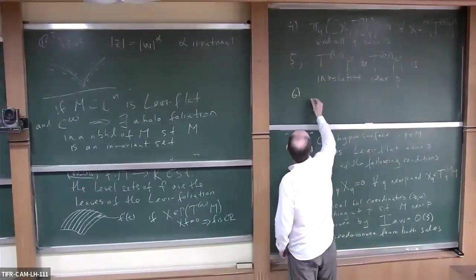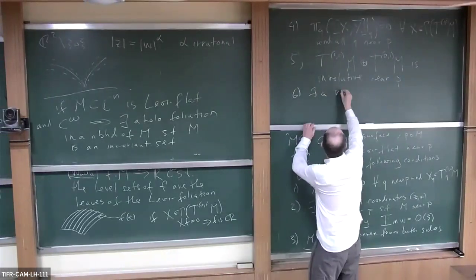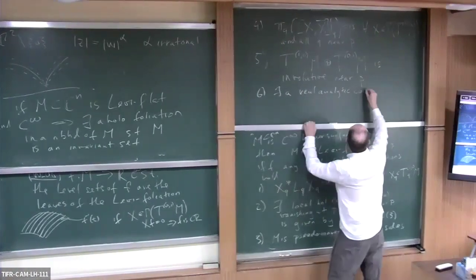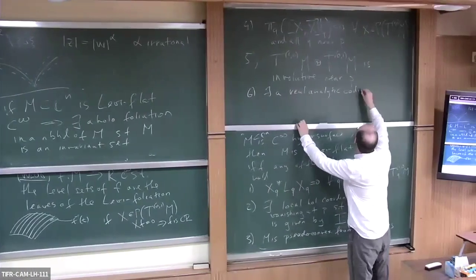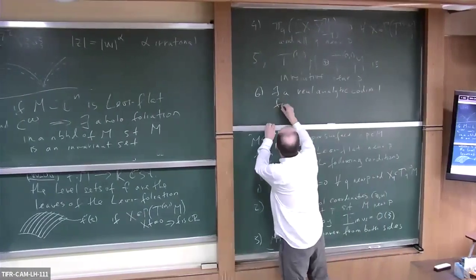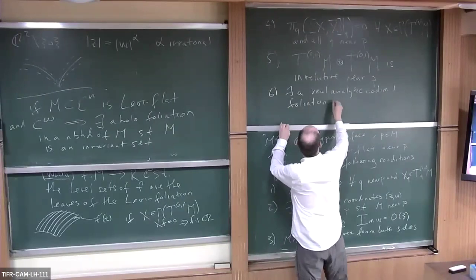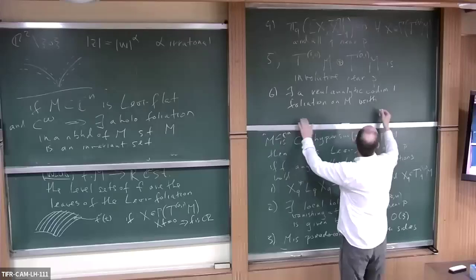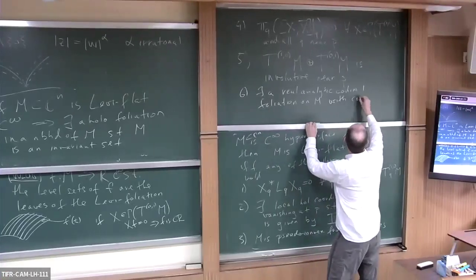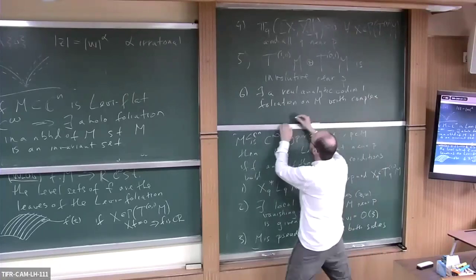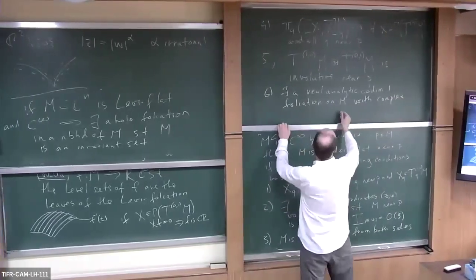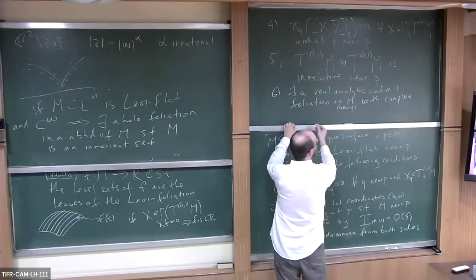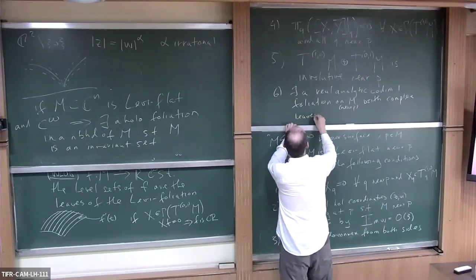So another way to say it: there exists a real analytic, or now a real codimension one, foliation of M, near P, with complex leaves, right?